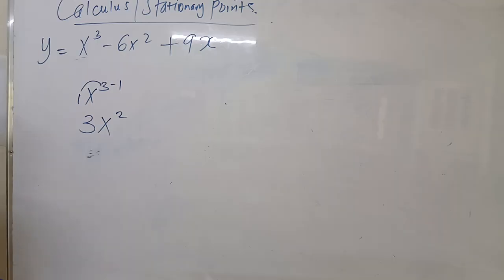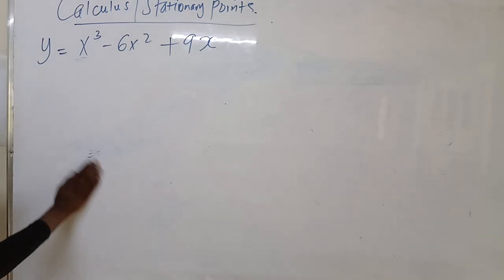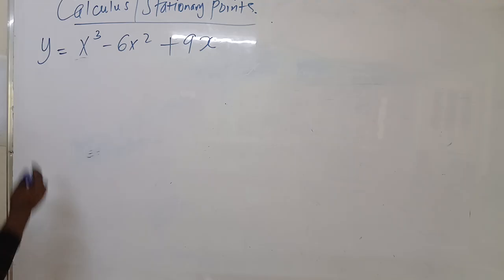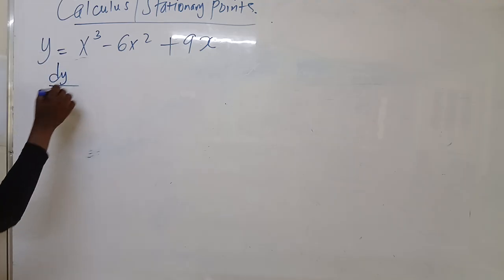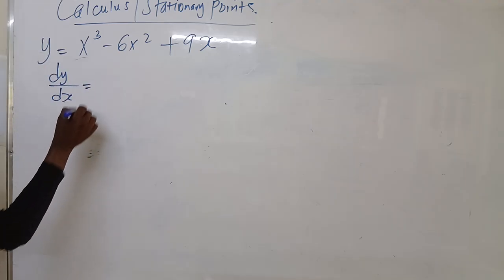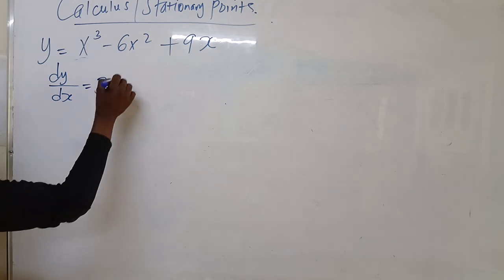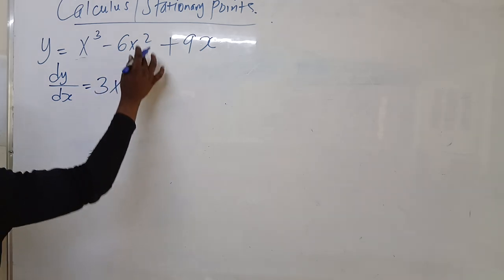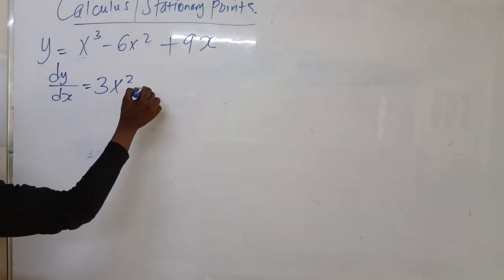So using that formula, we shall find our dy dx for this equation, dy over dx, which is 3x squared minus, so you take 2 times 6, which gives you 12.